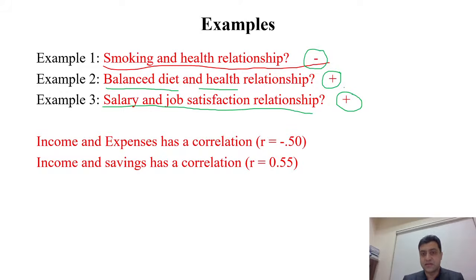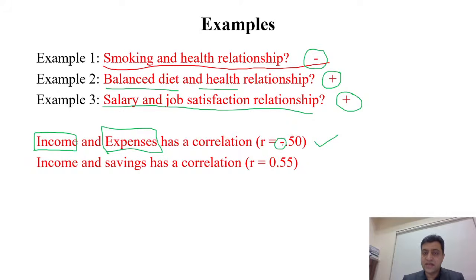These are just examples. But let's take a few more moments to understand that income and expenses have a correlation of -0.50. This means that when income increases, expenses decrease, although it might not be correct in most contexts, but we have to look at the value.